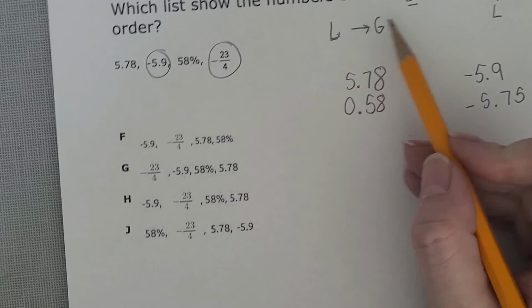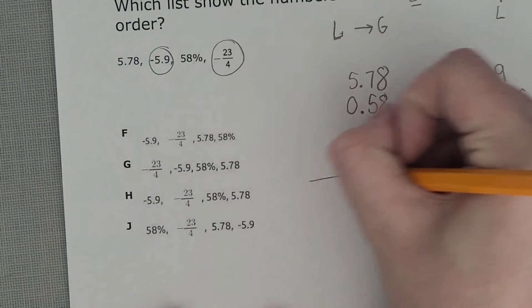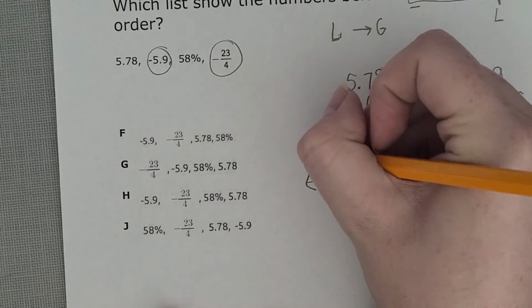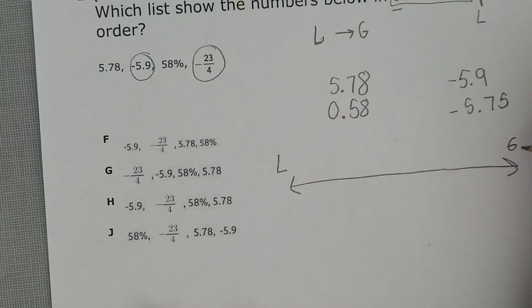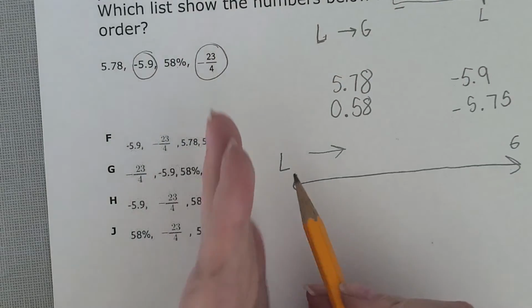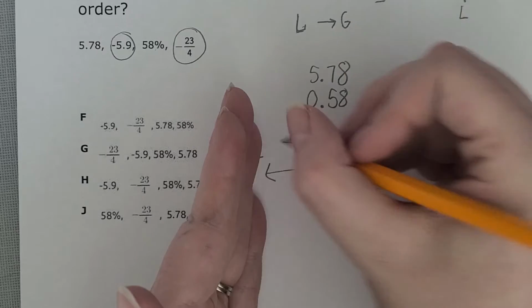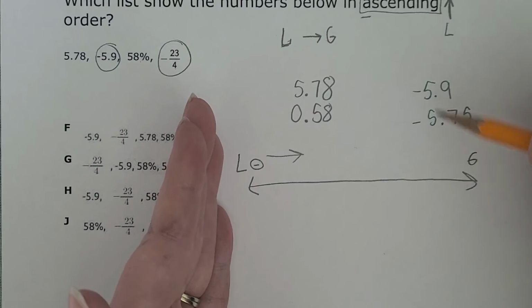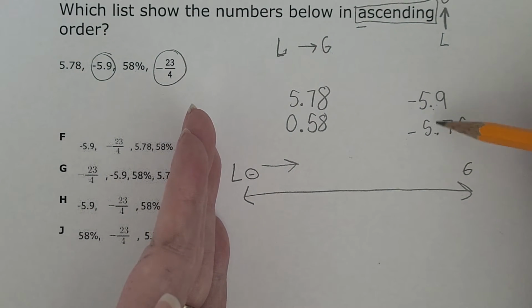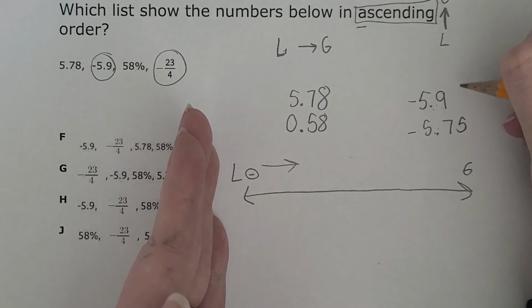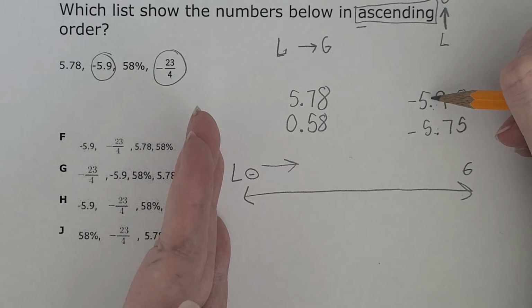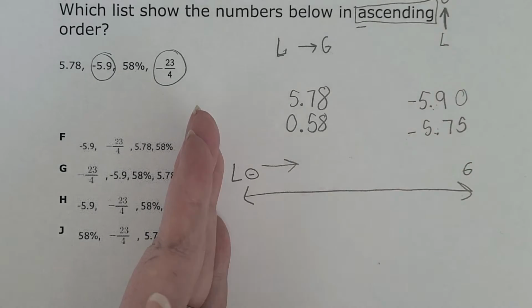We're going from least to greatest, meaning far left on the number line to the far right. Okay, so on the far left, I'm going to have my negatives first. Okay, but which one of these negatives is the least? You can't just look at this and say, well, 7 is less than 9.